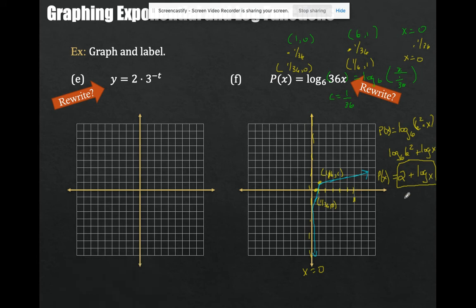Right? This just takes my point 1, 0. Whoops, I forgot my 6. 6, 1. And yes, my vertical asymptote x equals 0, and nothing happens except I'm adding 2.